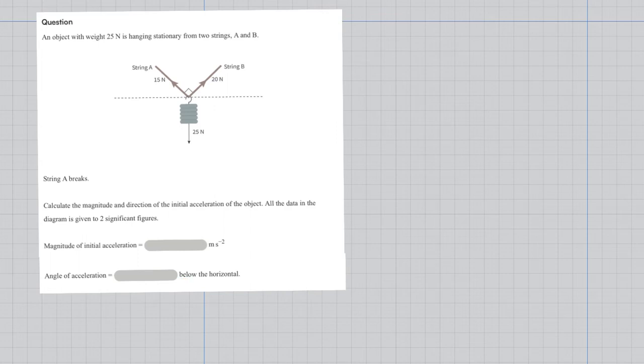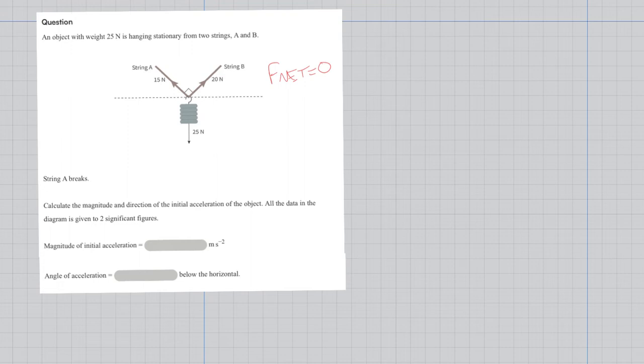below the horizontal. So if we look at that, right now we know that the net force before string A breaks is 0. And so the first challenging part of this question is just figuring out what is the value of the net force, because we need to find the value of the magnitude of acceleration.